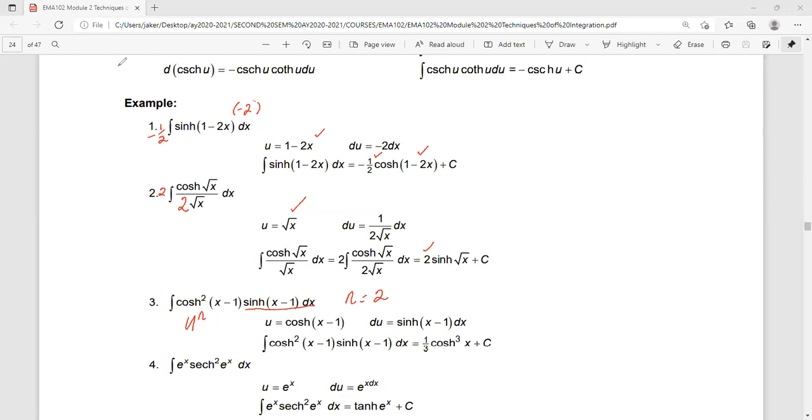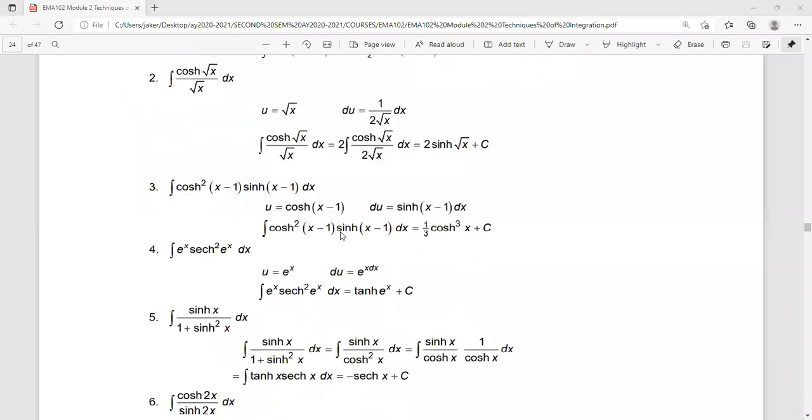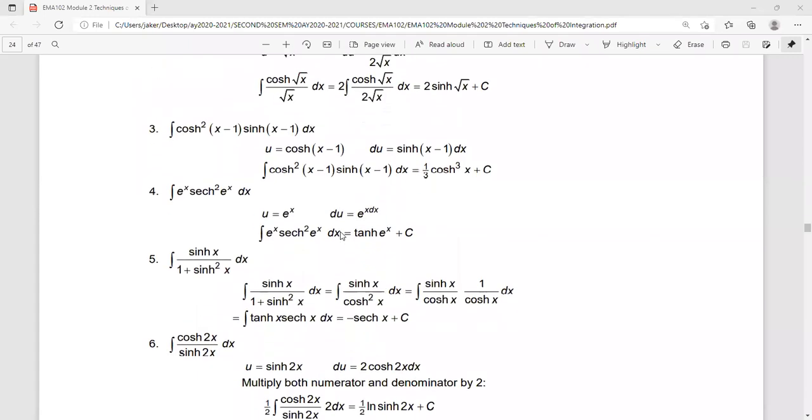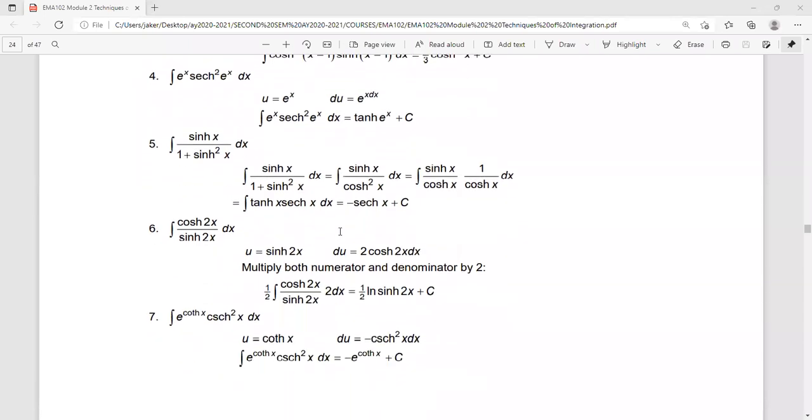Now you will have to use the same principle in the fourth example. I'll just scroll up. Okay. In here, if you intend to use the hyperbolic secant of e raised to x as the u, this is your entire u, you will have again n.